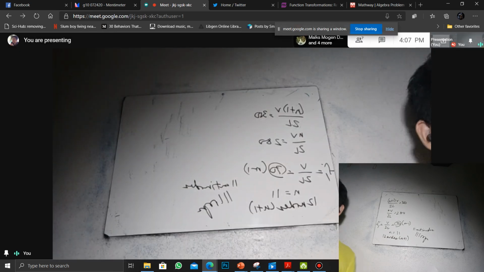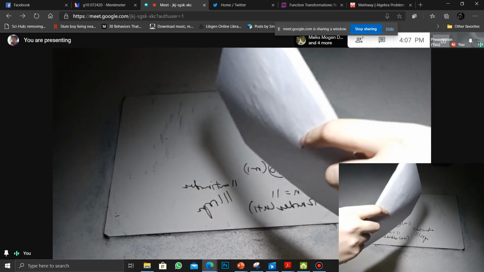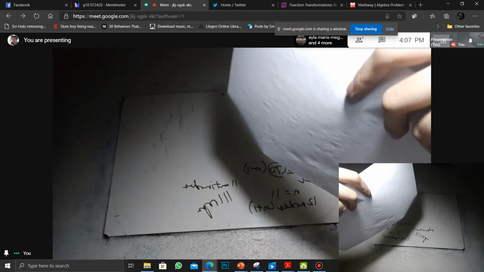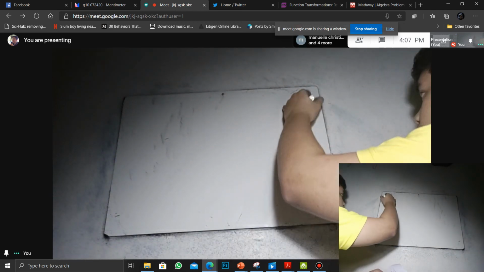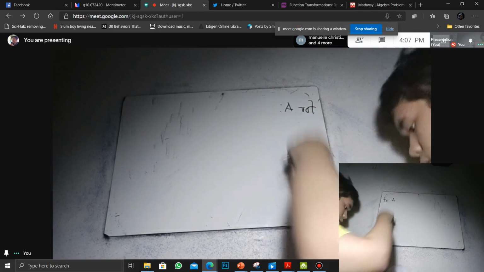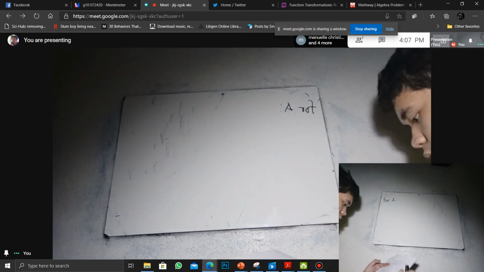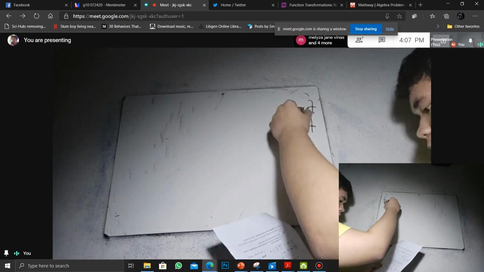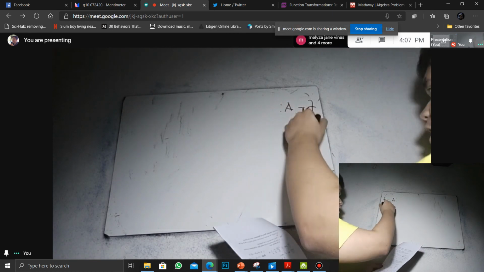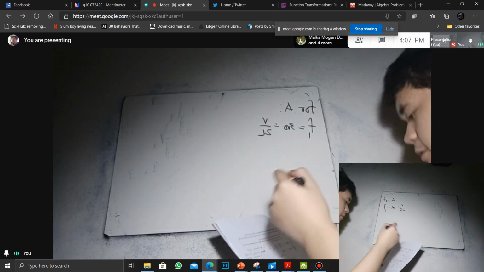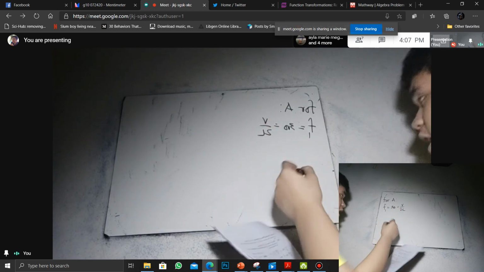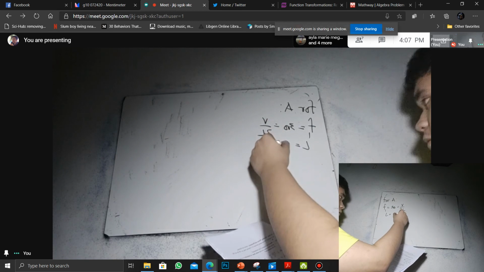Next, letter B. Ganun pa rin. Use the formula lang. For pipe A, F1 equals to 300 equals V over 2L lang, di ba? For B, sige, L equals 0.572, di ba?